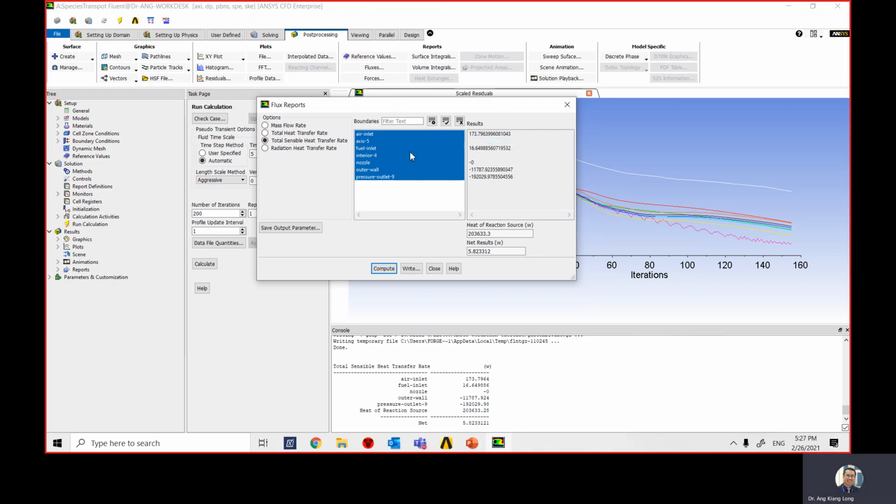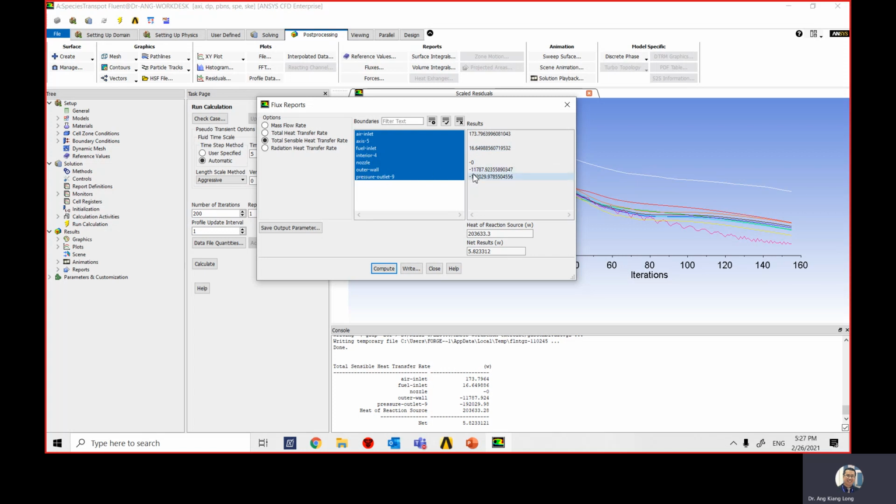Okay, now this is how you get the value for your heat reaction source in watts. You have 203,633 watts. And then for air inlet, there is a heat transfer rate. Air inlet happened at 173 watts, and so on. Fuel inlet, there's 16 watts.